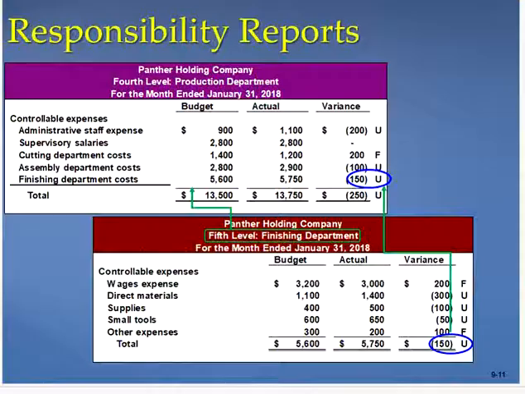because it will help us for our performance evaluation. So here now you look at it, okay, in assembly department they have unfavorable, this is less, so this is unfavorable, so this is 100. So what is the detail of this 150? Unfavorable in the finishing department, right? Wages expense were favorable, direct material unfavorable, supplies unfavorable.